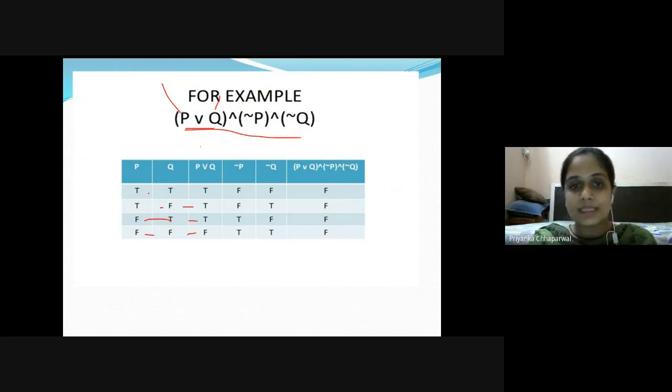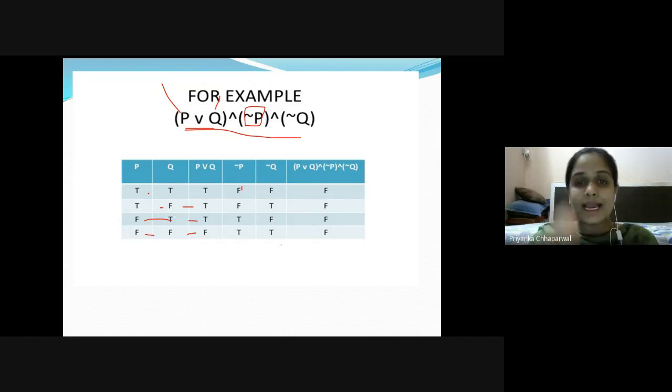Then what do we want to find? Now I also need not p, the negation of p. I find the negation of p: true becomes false, false becomes true. Then I want the negation of q, so I find the negation of q: true, false, sorry, true becomes false and false becomes true.